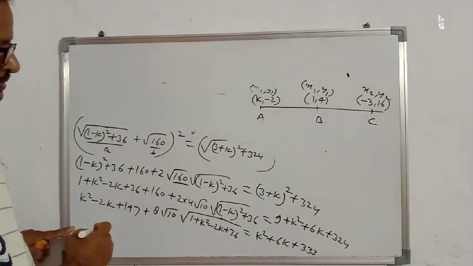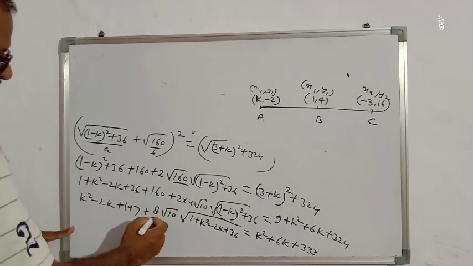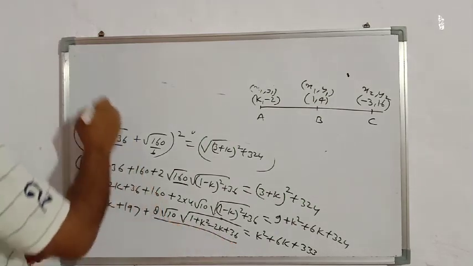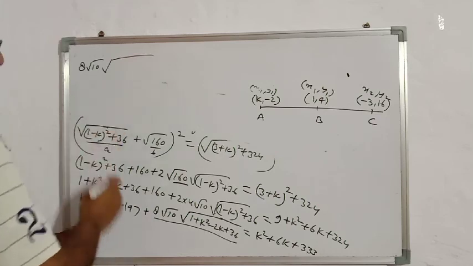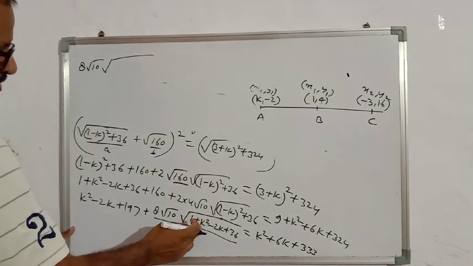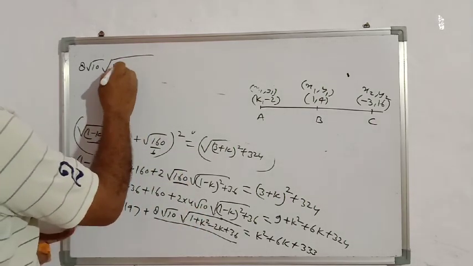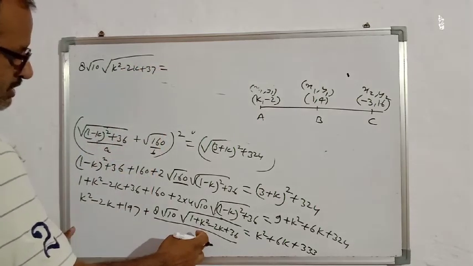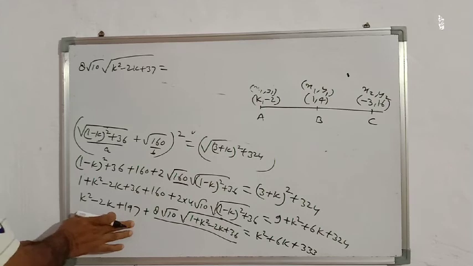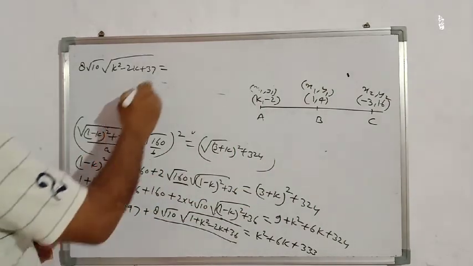So 8 root 10 under root k square minus 2k plus 37 is equal to, we will transpose this part to the right side.